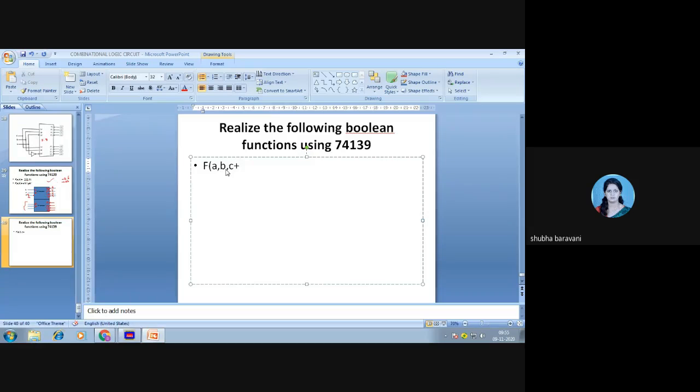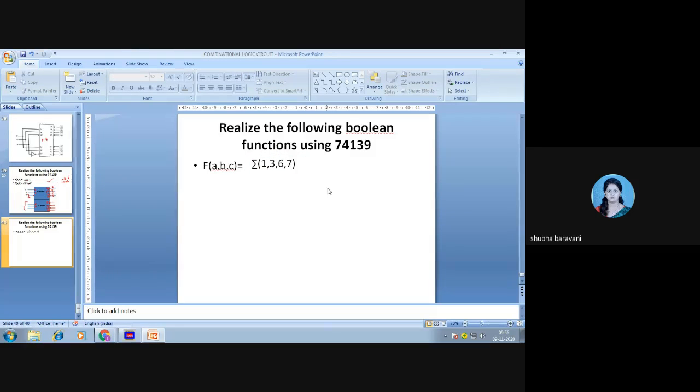Equal to six, 7. You all are noting it down?